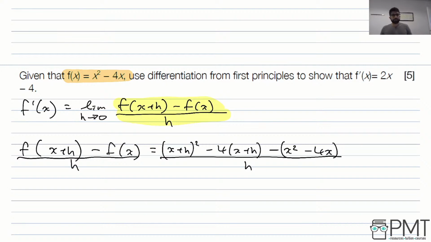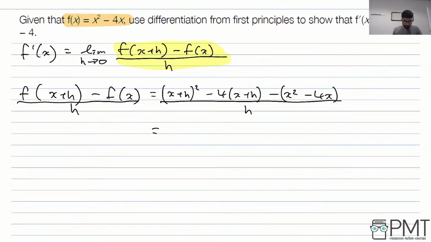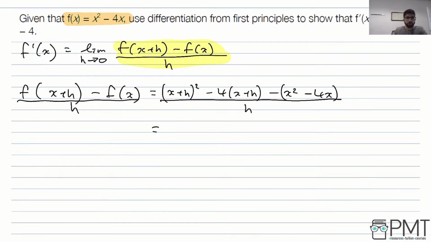So you should expand this, and when you expand the terms, you will be able to simplify them. Let me know what your expression simplifies to. So I'm going to expand this bracket.